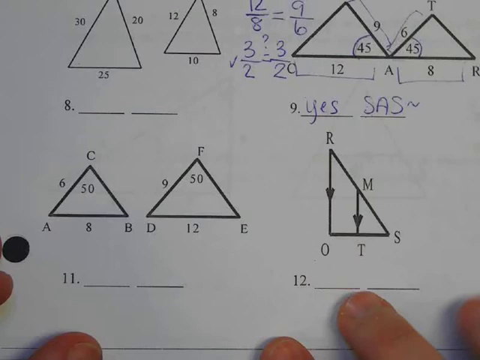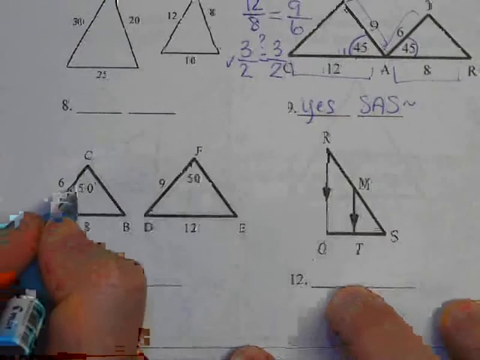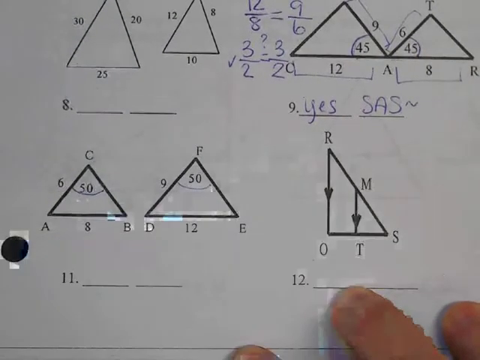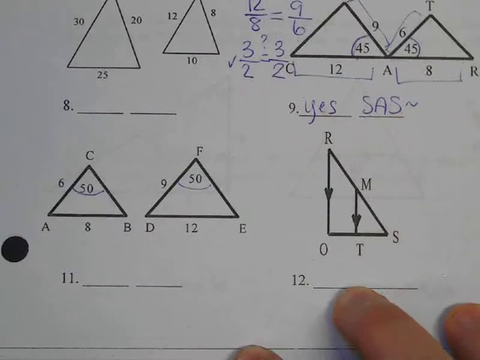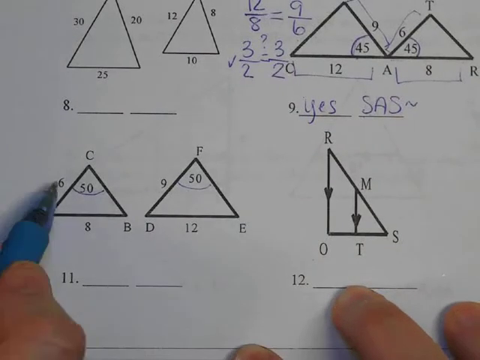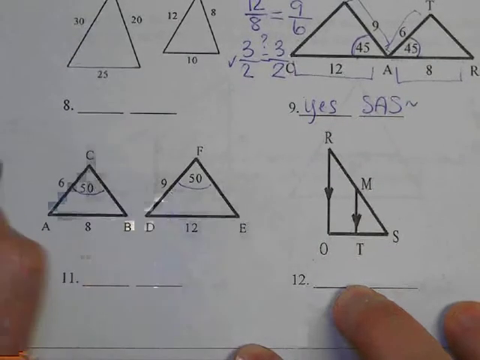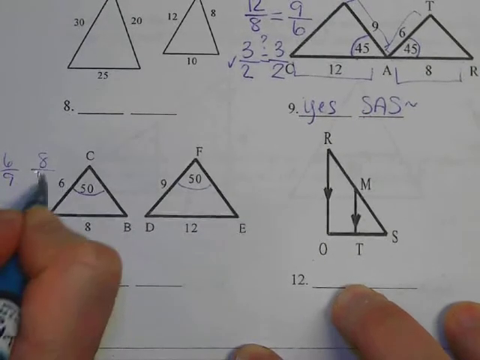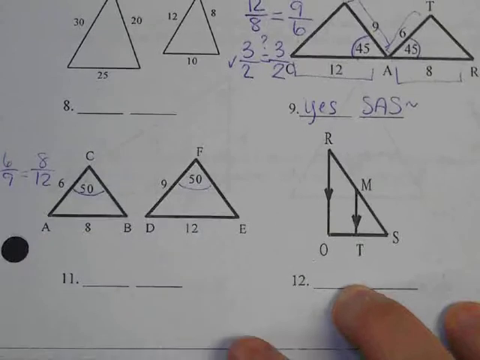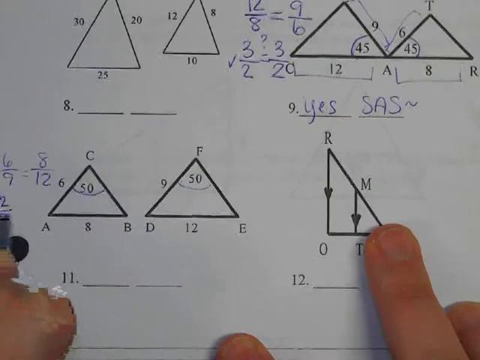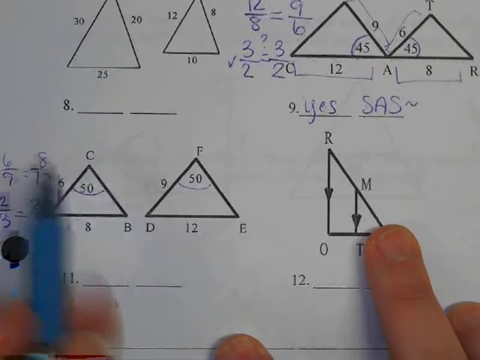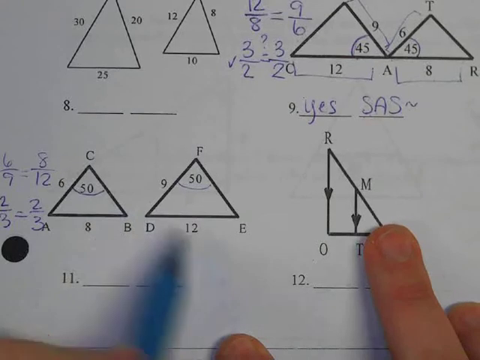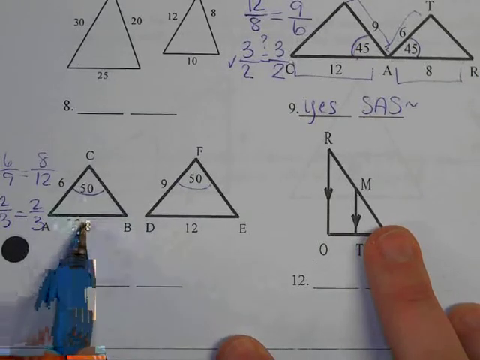All right, number 11. Number 11 right now has one set of congruent angles, and when I look, my corresponding sides are 6 and 9 and 8 and 12. Even if we check to see that those both reduce to 2/3, the location of them is not fitting with angle-angle.